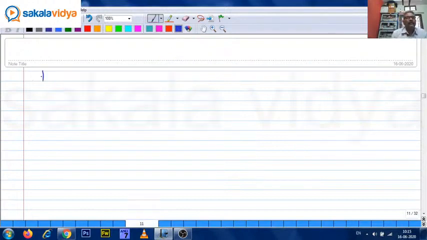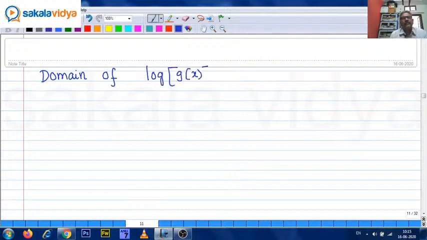Next, domain of log g of x. This is very important. Log of g of x. So here domain is g of x greater than 0, positive only, not equal to 0.